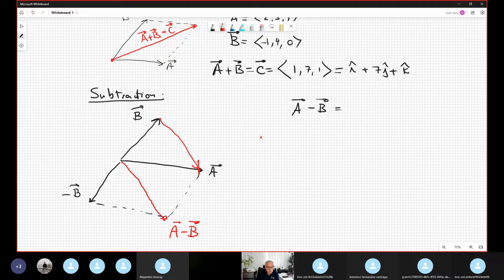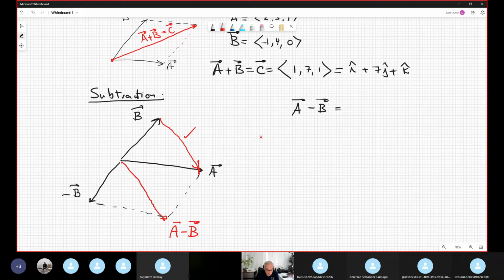And you see that this vector and this vector are the same because the important information in a vector is magnitude and direction. You can translate a vector in the plane or in the space and the effect is the same. Do you understand the idea of the subtraction? I like this way.